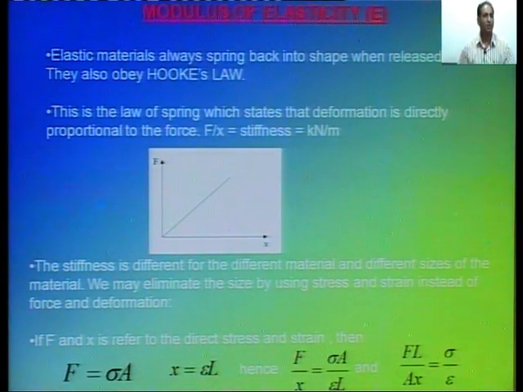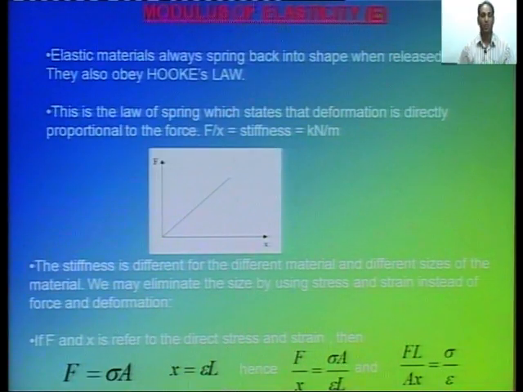If the force is on one axis and the deformation on the other axis, the curve is a straight line, meaning stress is directly proportional to strain. This stiffness of the spring is different for different materials and different sizes of the material. We may eliminate the size by using stress and strain instead of force and deformation.